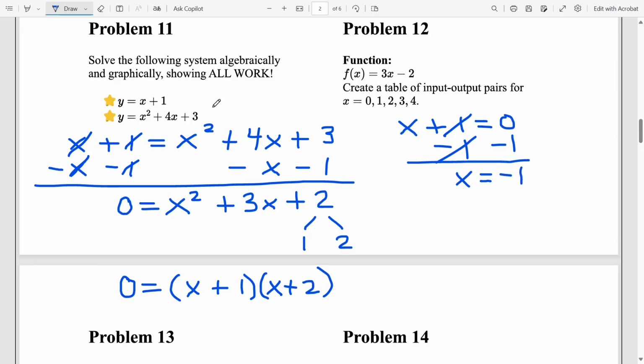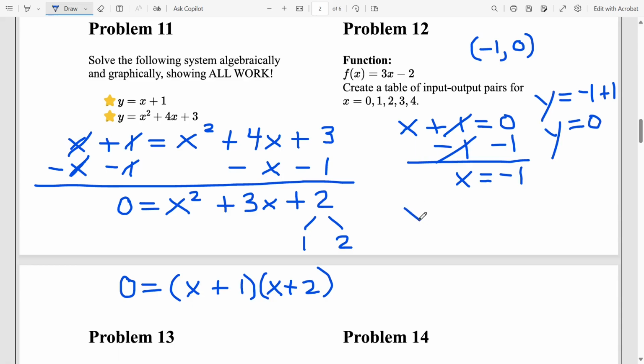I want the y value that goes along with this, so I'll say y equals x, which is negative 1, plus 1. Take the top equation, it's easier. So negative 1 plus 1 is 0. So one of my solutions is negative 1, 0. It's going to be a point of intersection between these two equations.